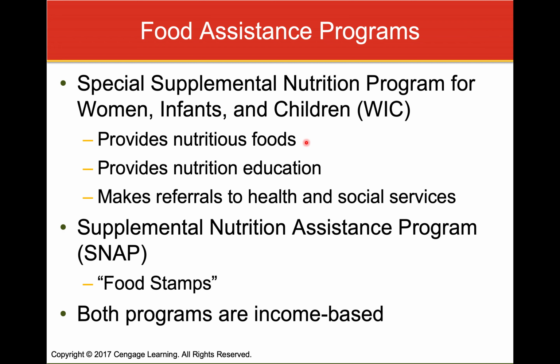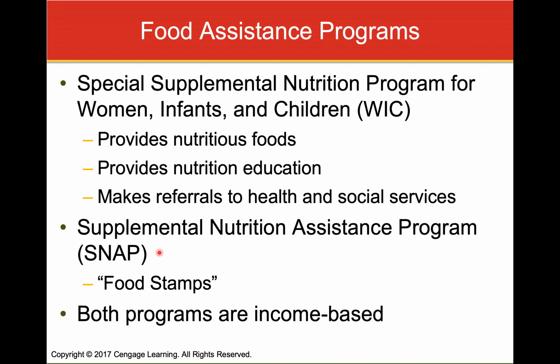This program has a food component, so it provides money for food. It also has an education component, so there's education on appropriate nutrition, education on breastfeeding, and then there's a referral service. So people at WIC can make referrals to the necessary health and social services to ensure that the new mother, the pregnant mother, and the infant all have the appropriate services that they need.